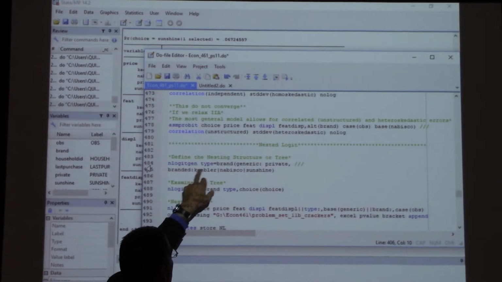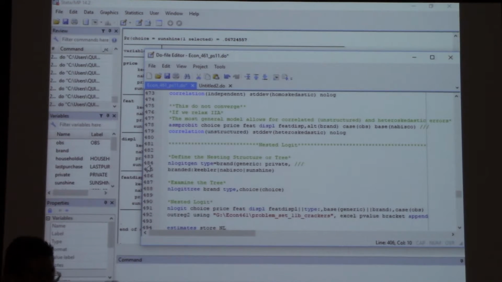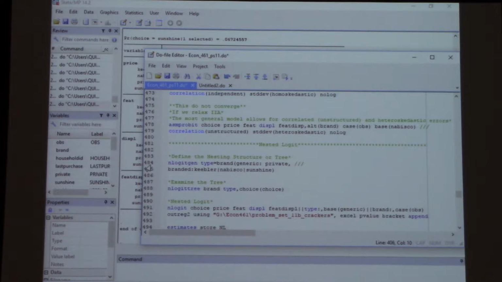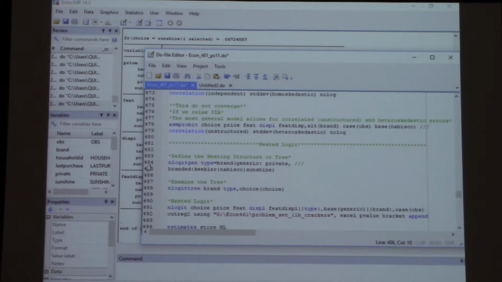So this is our command here. We generate this variable called brand. We can call it anything we want. We're going to call it brand, and we're going to distinguish between two types of crackers. One generic, and the other branded. So we have to assume that most people don't view generic and branded crackers as substitutes.